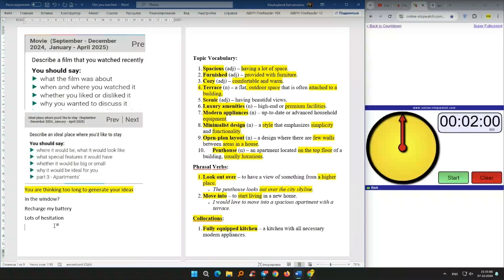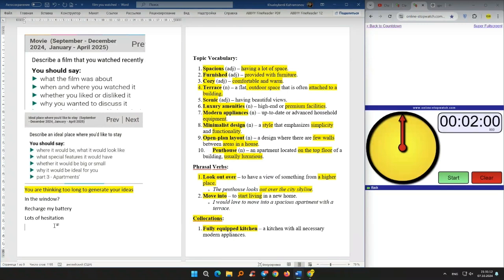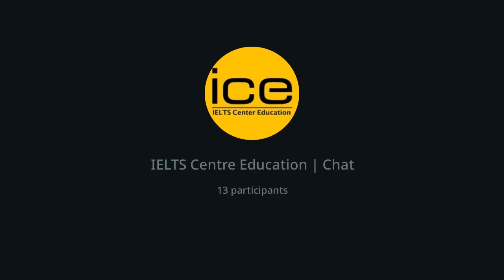It should have the scene of the garden or nature. Somehow it's really difficult to get the idea from this preposition. Maybe you need to change your preposition. Maybe through the window, out of the window. Through the window, yeah. Sorry.